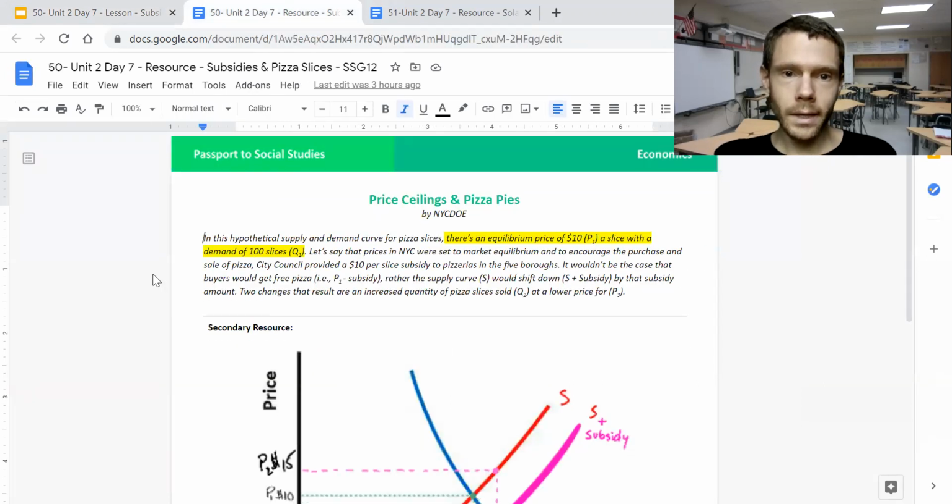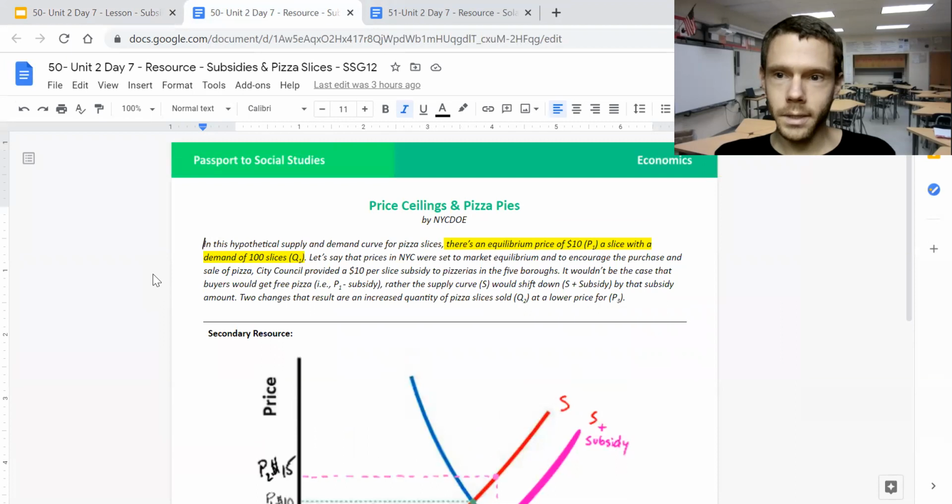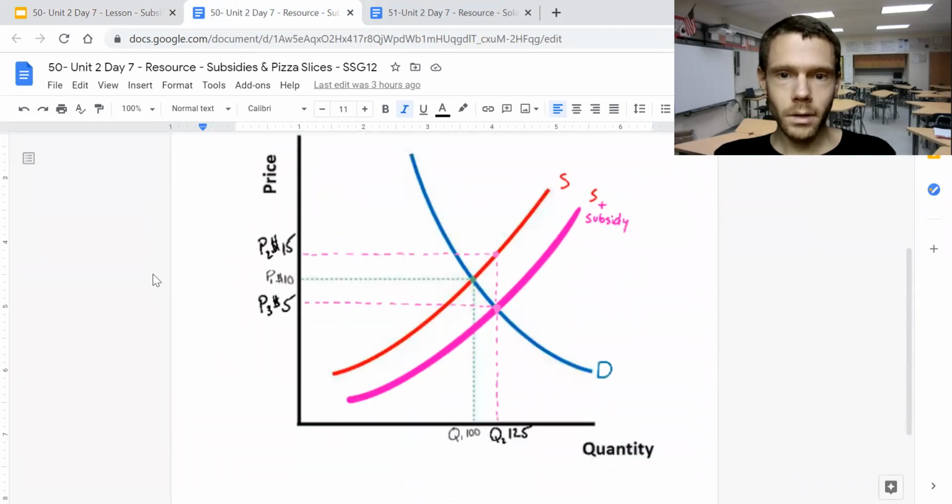If we look at this source on price ceilings and pizza pies, we can see the graph where we see an original price point of $10, an original quantity of 100, and we can see the original demand curve and the original supply curve illustrated by the S. We can see exactly where the supply and demand curves intersect as our equilibrium point. And then when the subsidy is put in, the supply curve actually shifts to the right.